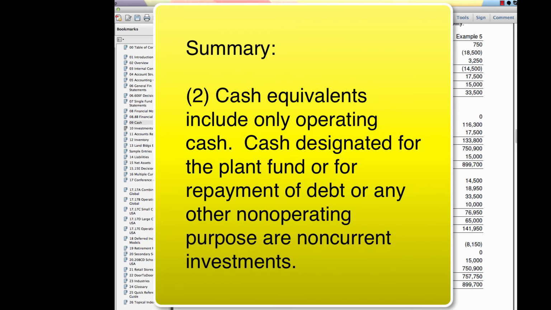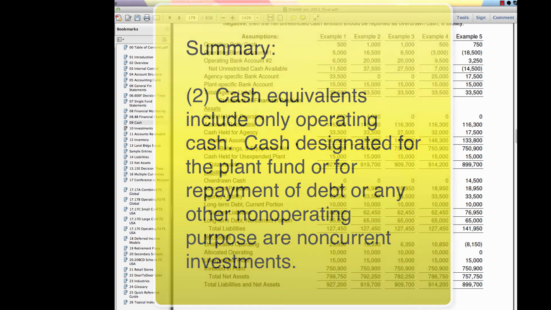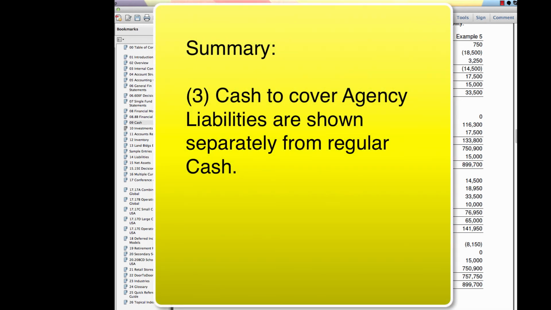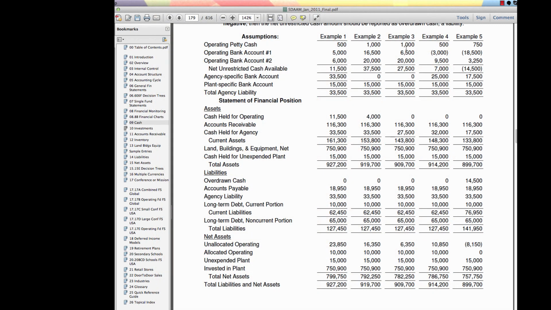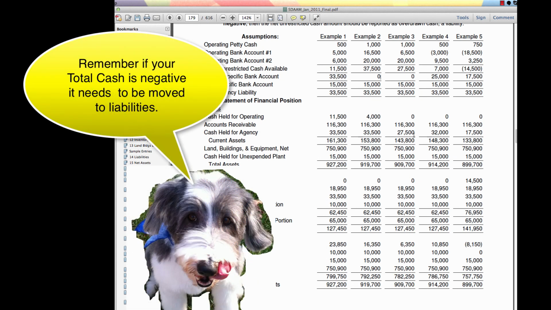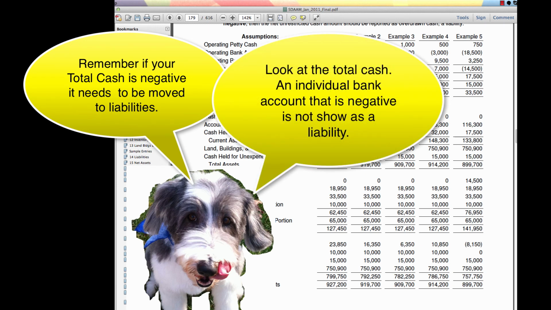It would not include any cash that is designated for the plant fund or for non-operating purposes or for repayment of debt, and it would not include cash that should be set aside for the agency's specific responsibilities, so the money that you've collected from the churches and pass on, that agency responsibility, that cash is not in your cash held for operating, but in a separate line under current assets.